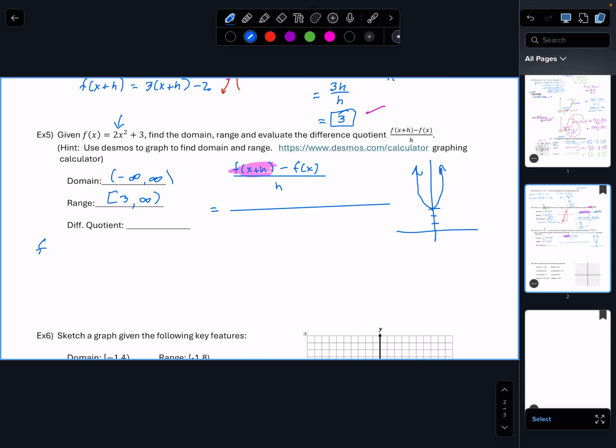But I do find a lot of students like to look at that off to the side. And so where you see x, you need to put in x plus h. And don't forget that plus 3. So that's f of x plus h. So that's going to go first.